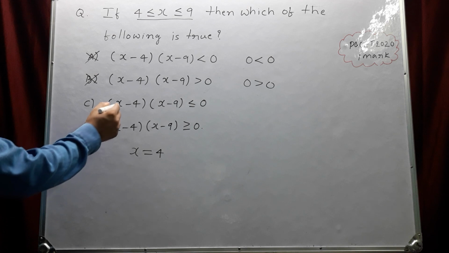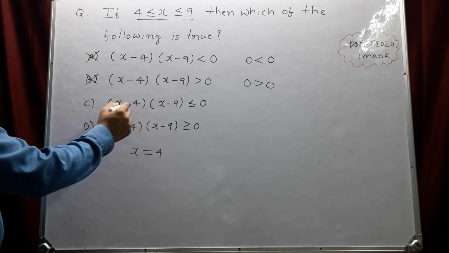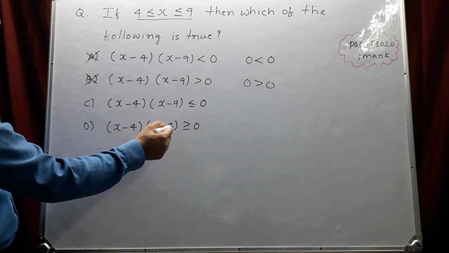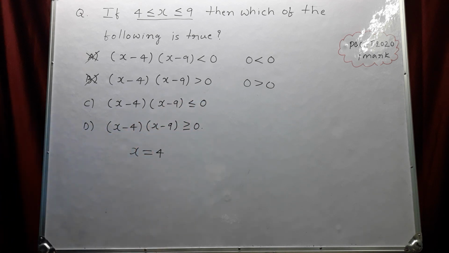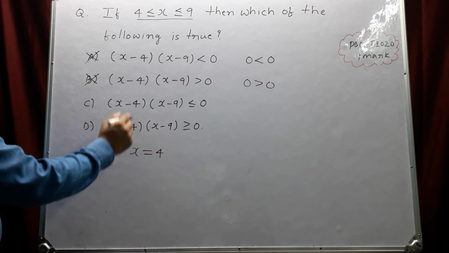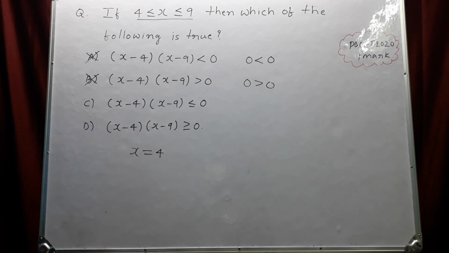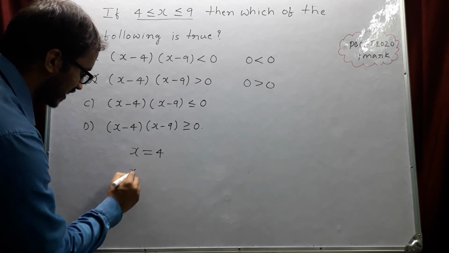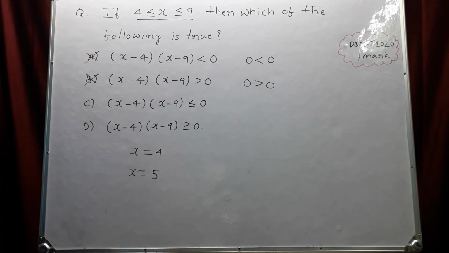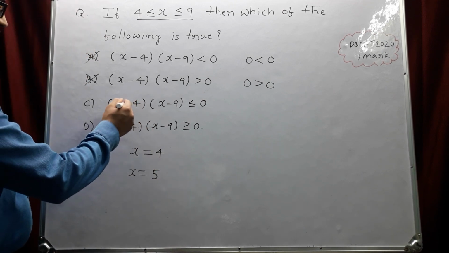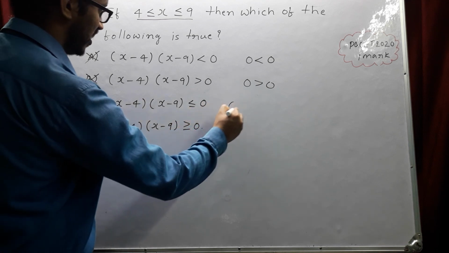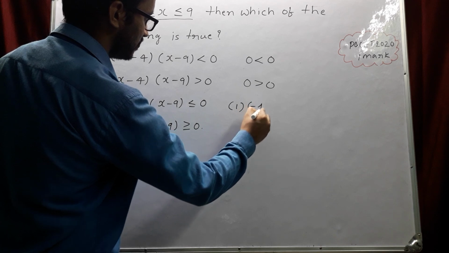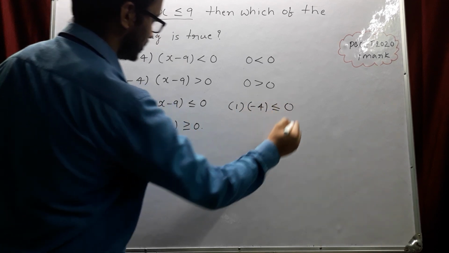But if you consider the third and fourth options, what happens? 0 less than or equal to 0. Here also we get 0 greater than or equal to 0. So x equal to 4 means these two inequalities are satisfied. So we will take some more values. Suppose I take x equal to 5. Here 5 minus 4 is 1, and 5 minus 9 is minus 4, so minus 4 less than or equal to 0.